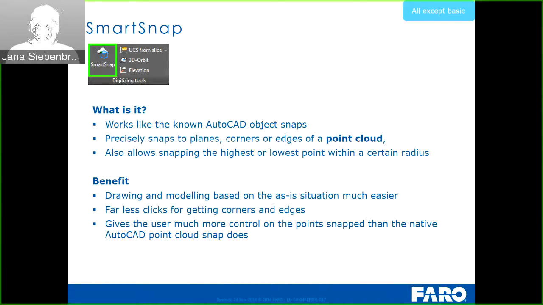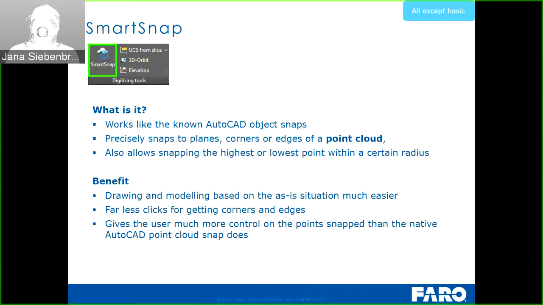The benefit for you is that Smart Snap allows you to draw and model the as-is situation much more easily. You have far fewer clicks for getting corners and edges. For those who use PointSense already, previously to get corners and edges, you would have to fit planes and then intersect the planes to get the corner and edge points. Now we have the Smart Snap and it's much faster.